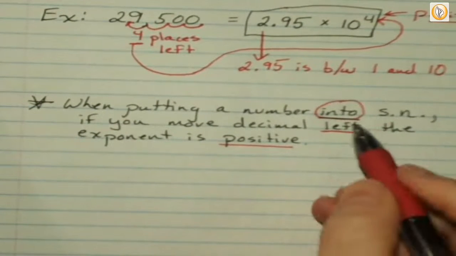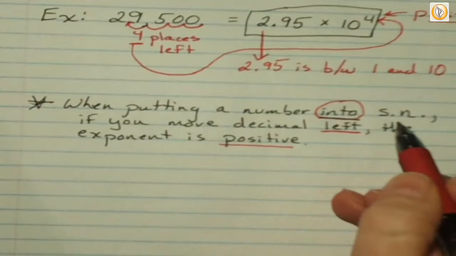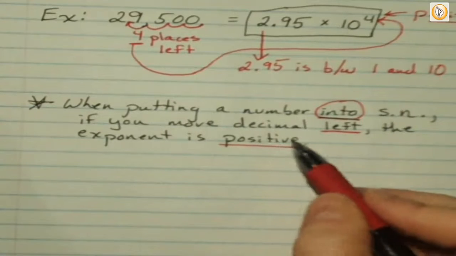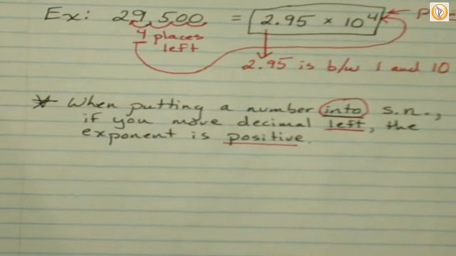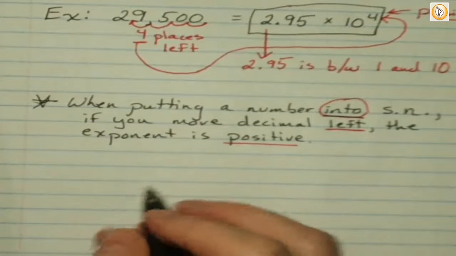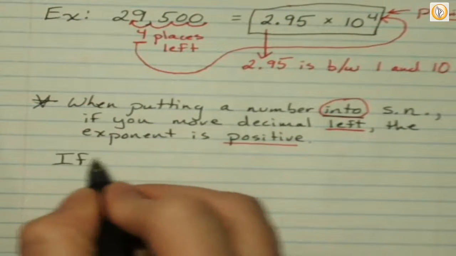So if you're putting a number into scientific notation, if you move the decimal left, the exponent is positive.